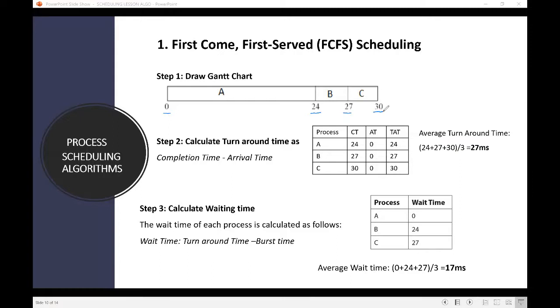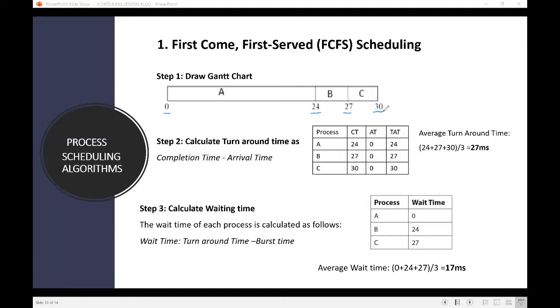Step number 2, after having your Gantt chart, now you can calculate turnaround time, TAT, by taking completion time, then you subtract arrival time. Process A will complete at 24. If we subtract arrival time, which is 0, the turnaround will be 24.